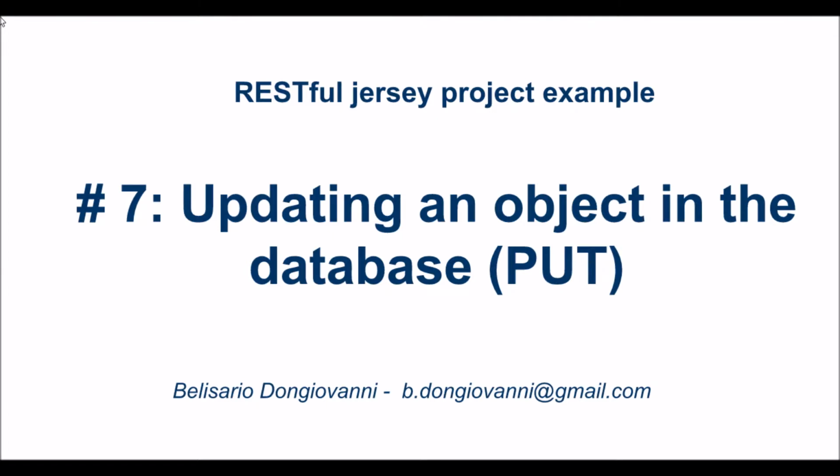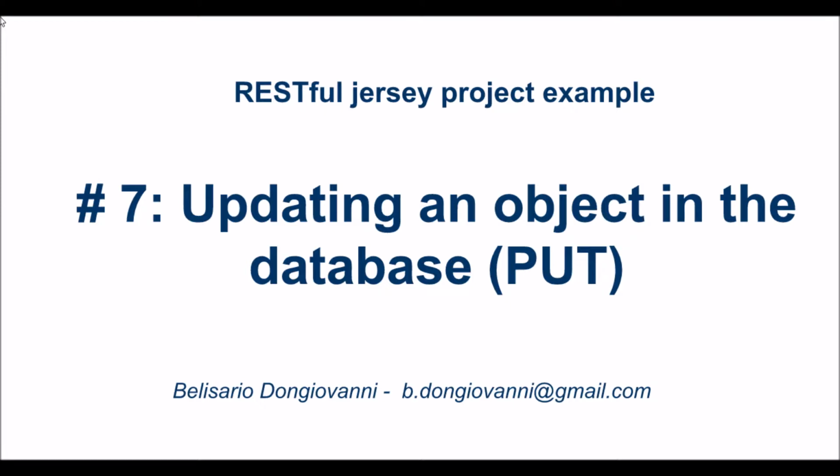In this video we will see how to update an object into the database using an HTTP put request. This example will be slightly different from the previous because we will use a web service that will return a response object to the client application. In this way, we can have full control on the response.